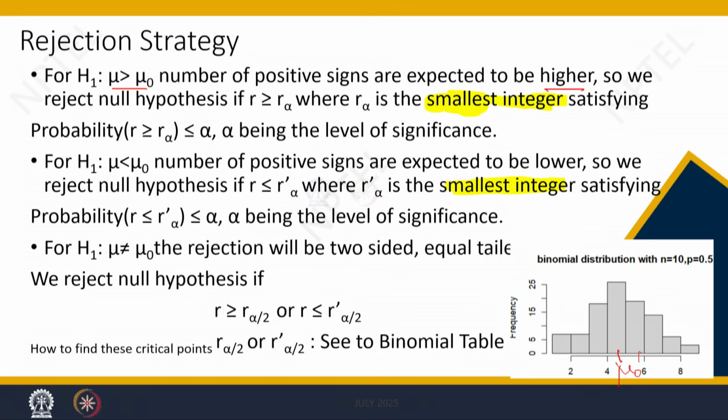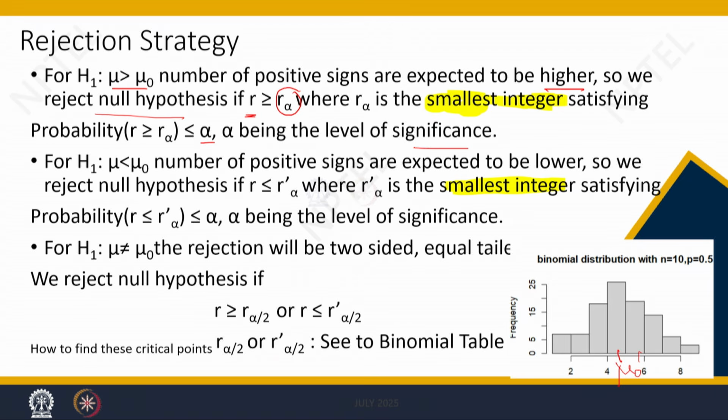You expect that the number of positive signs will be higher. So, the rejection region will be based on this rule: if the calculated r is greater than or equal to r alpha, where r alpha is the smallest integer satisfying probability r greater than or equal to r alpha is less than or equal to alpha, alpha being the level of significance, we reject the null hypothesis. So, r alpha is your critical point.